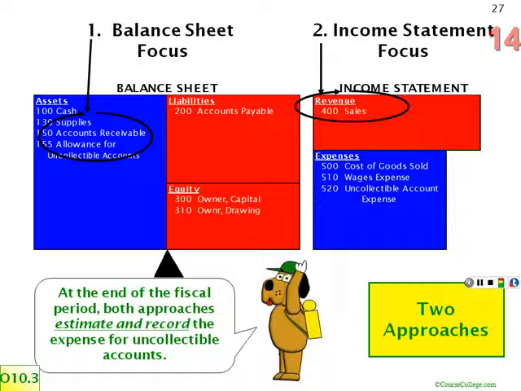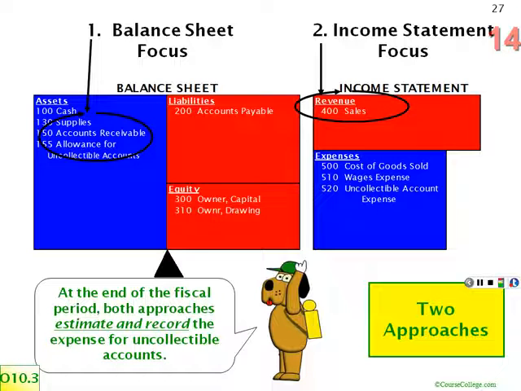I like to tell students when you first see this, when we use these, pretend that in between these two statements is a brick wall. If you're standing on the balance sheet, you can't see the income statement. If you're standing on the income statement, you can't see the balance sheet. That will help you deal with the problem that you're given, because when you're given a problem that will cause you to be worried about what's going on over on the balance sheet, or you'll be worried about what's going on over the income statement.